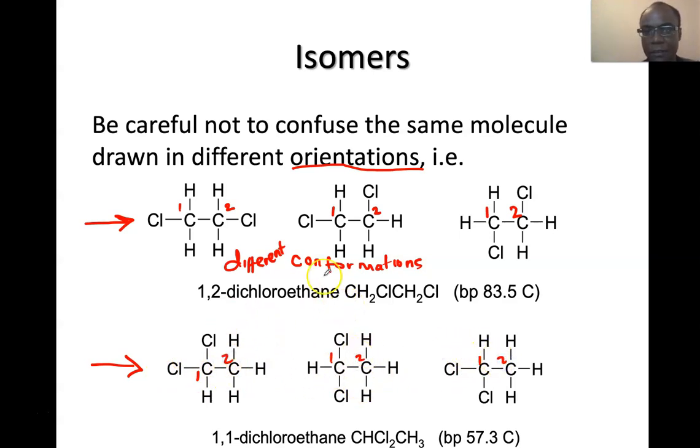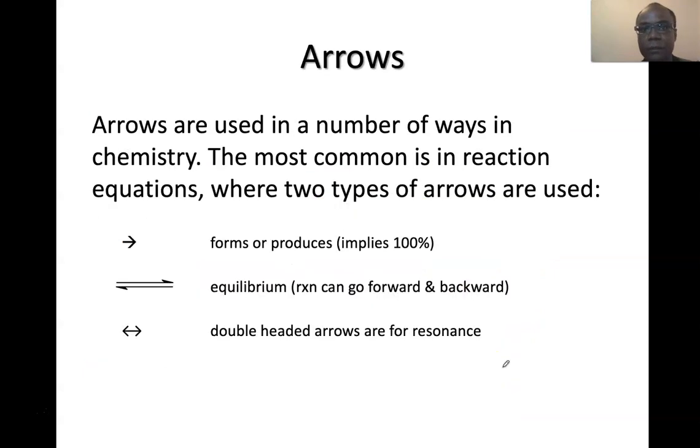They are not isomers. So be careful not to confuse the same molecule drawn in different conformations or orientations. You see, the boiling point for all these 3 will be the same, 83.5. The boiling point for these 3 will be 57.3, which means the same degree of boiling point.